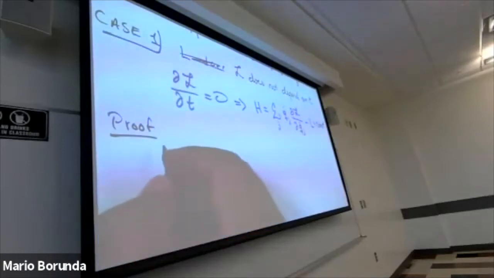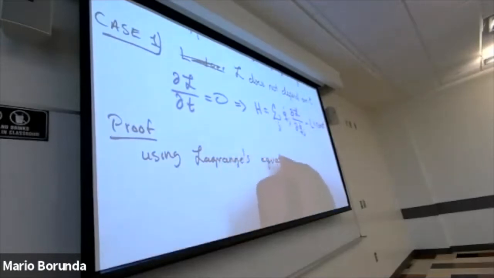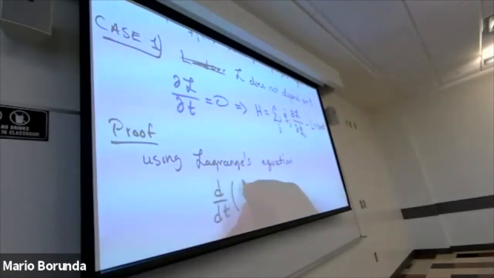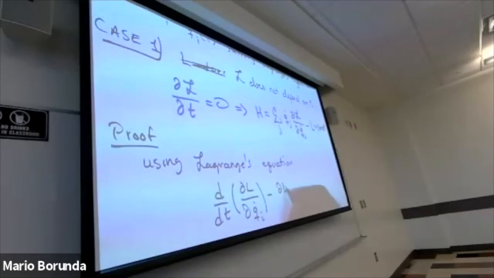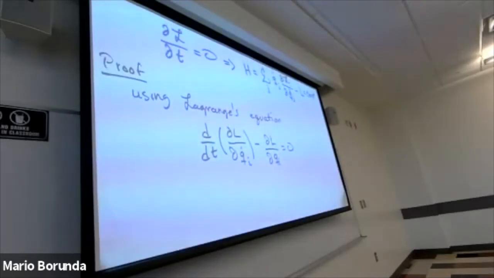For this, I'm going to use the Lagrange equation, which is, and what I'm going to do is write, let me leave the Hamiltonian up there.